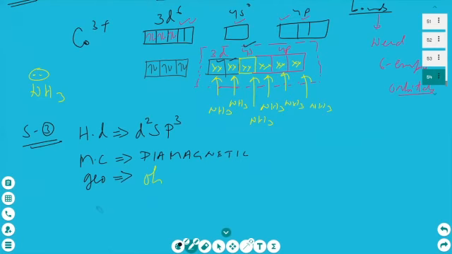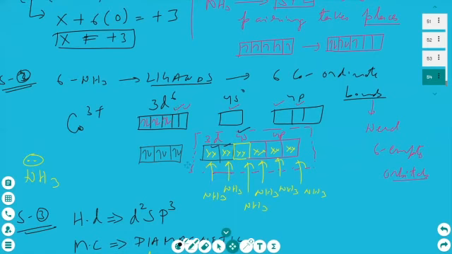You can refer to the previous videos for that. Which type of complex is it? Now you see here, which type of d orbital have I used? I have used the inside d orbital. Inside means 3d, 4s, 4p. After this, it will come as 5s and 4d will come. So I have used inside d orbital.